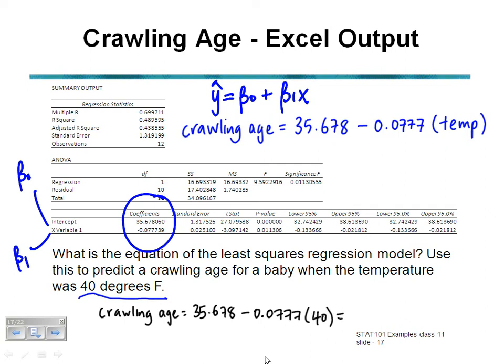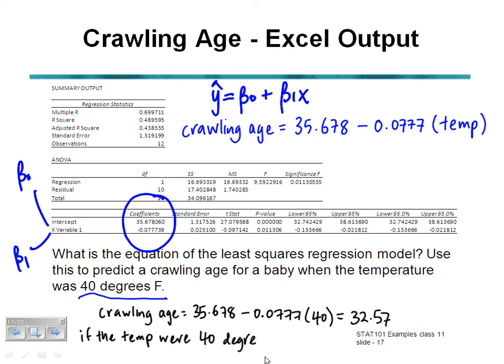And this works out to be 32.57. So if the temperature was 40 degrees, the model would predict the crawling age of our baby at 32.57 weeks.